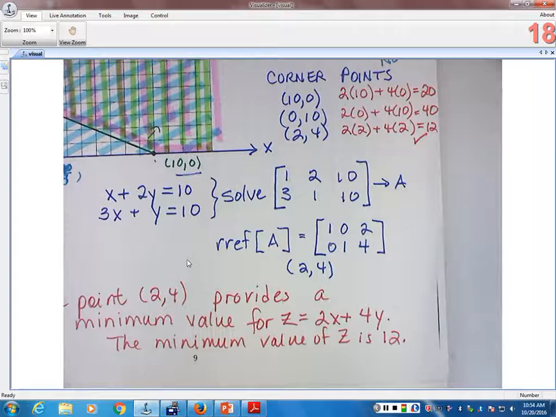We say the minimum value of z is 12. And z might have been a cost function. And we were trying to minimize the cost of 2 different things that we were making. Okay?